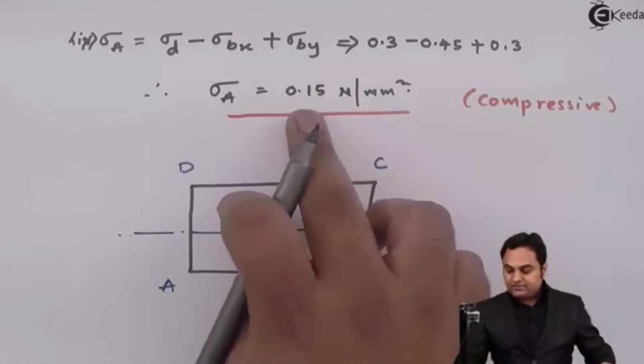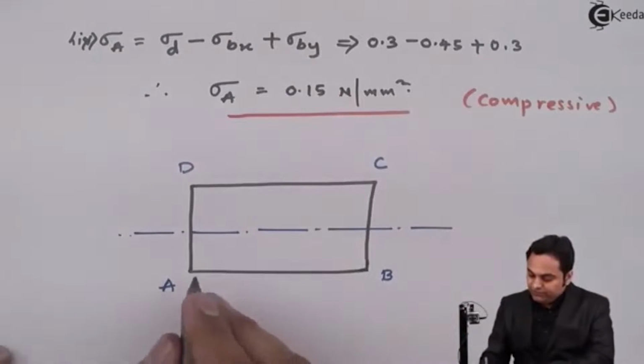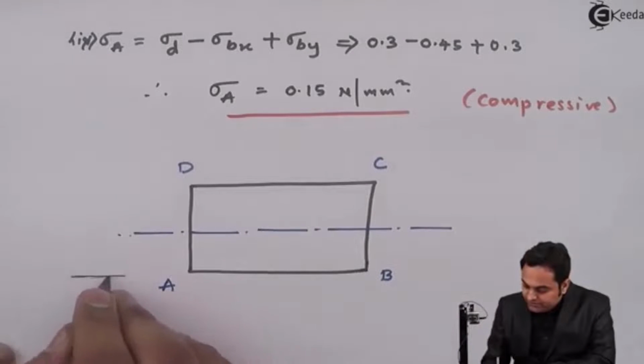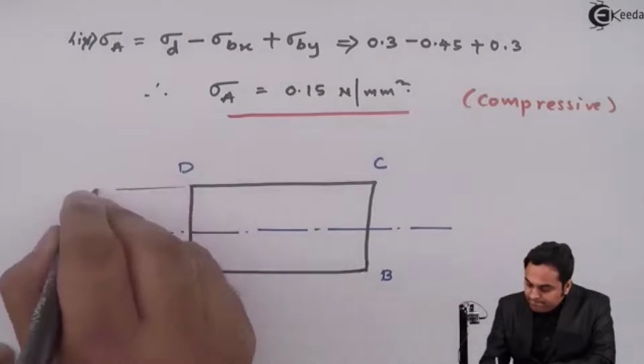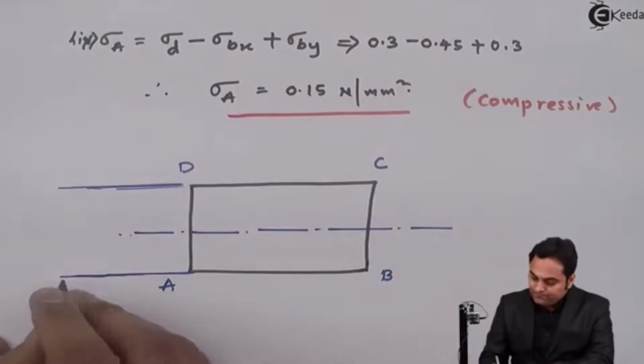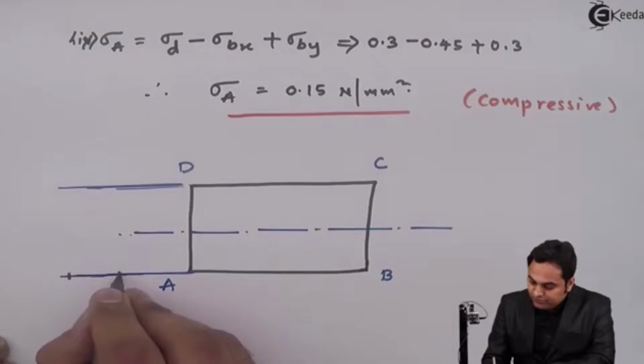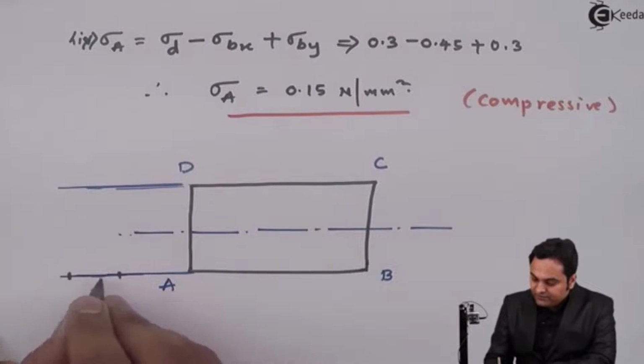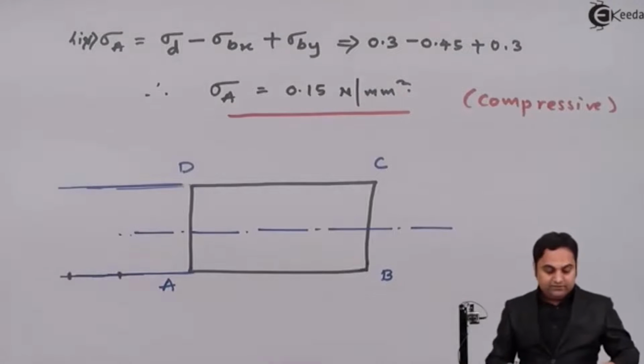At A the stress is 0.15 and it is positive. I'll project it. So here we have stress as 0.15. I'm taking this value as 0.15 positive.